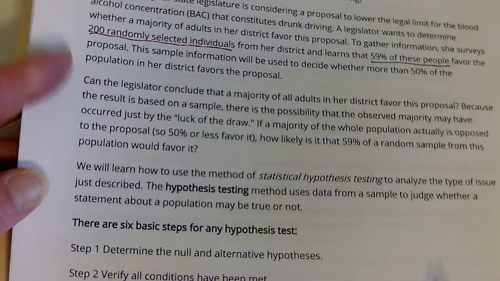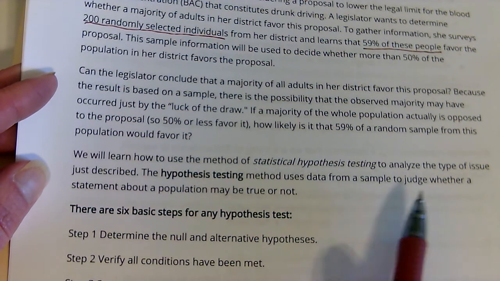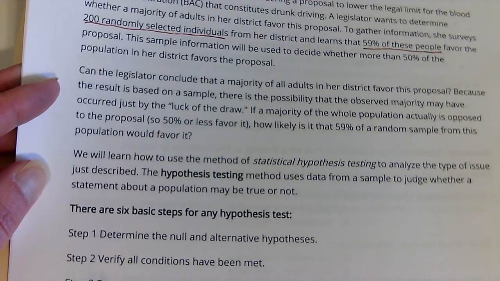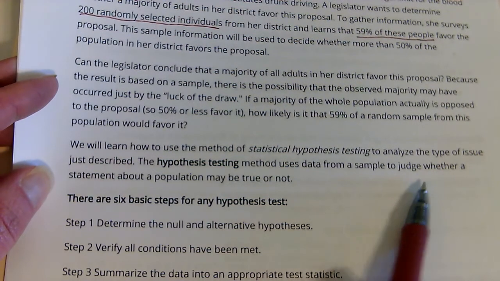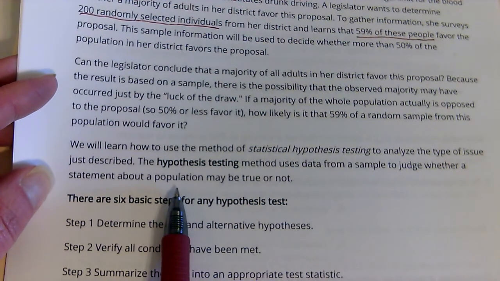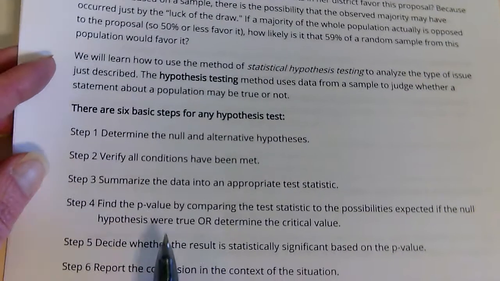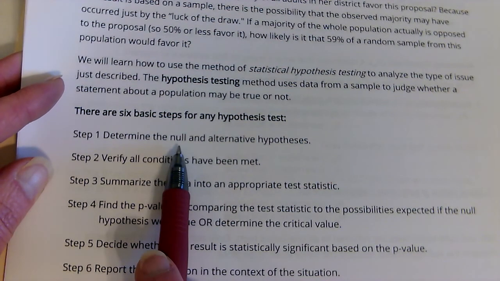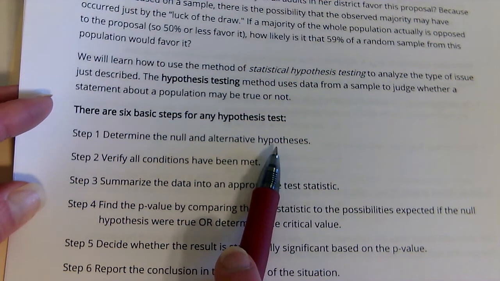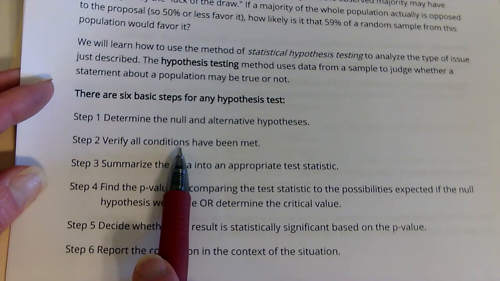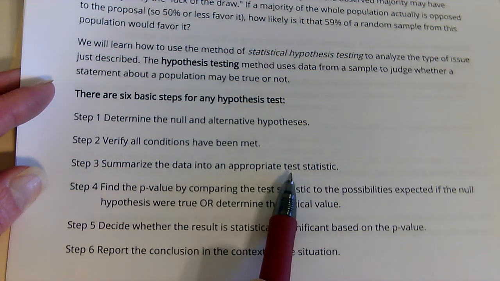We will learn how to use a method of statistical hypothesis testing to analyze the type of issue we just described. So this method uses data from a sample to judge whether a statement about a population is true or not. And there's 6 basic steps. We're going to come up with what is called a null and alternative hypothesis. We're going to check our conditions. We're going to summarize the data into an appropriate test statistic.